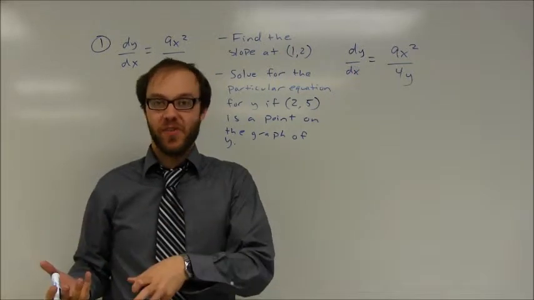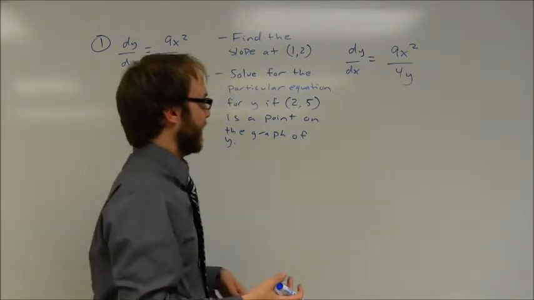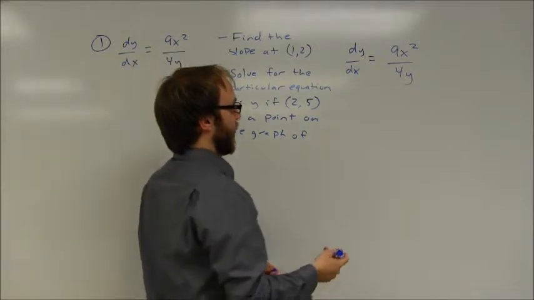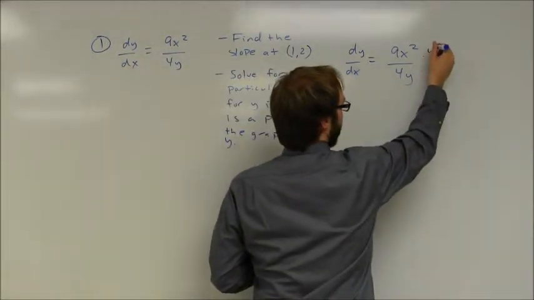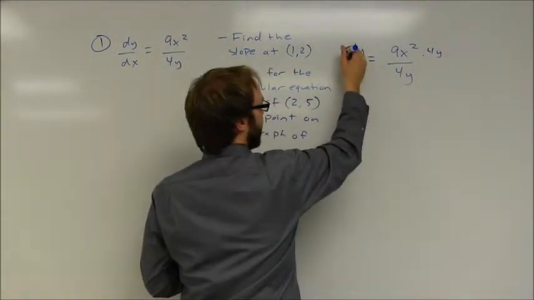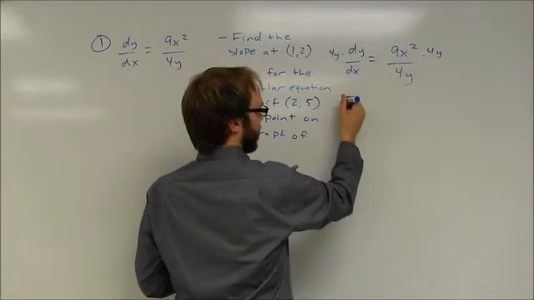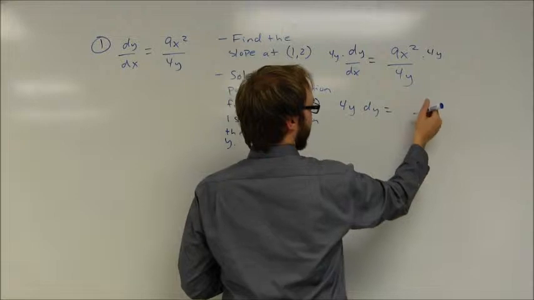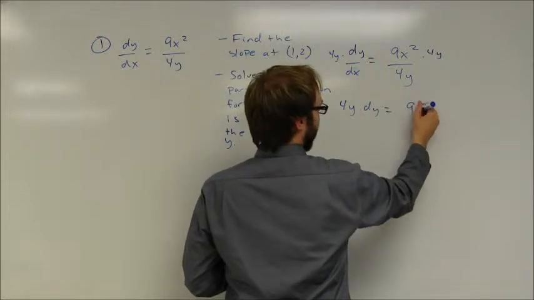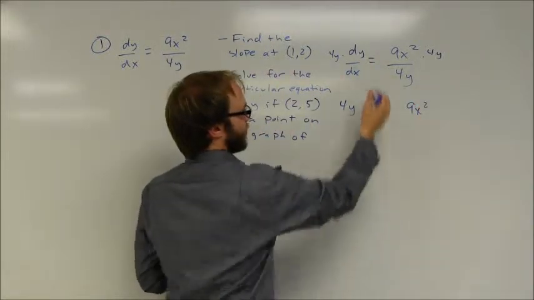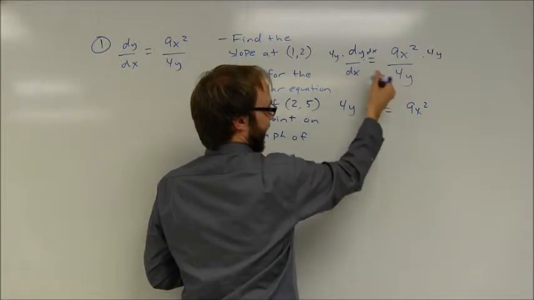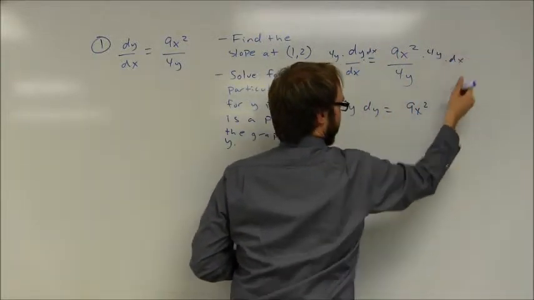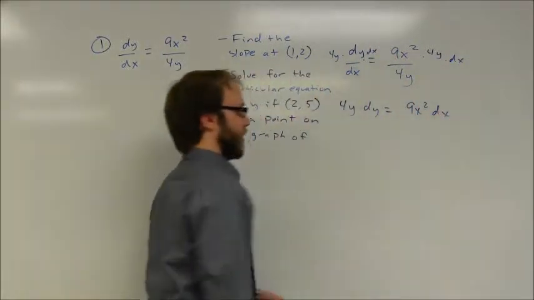I need the x variables on the side of the equation that has the dx. So I'm going to multiply both sides by 4y. Okay, that's going to give me 4y dy equals 9x squared. I'm also going to multiply both sides by dx, which is going to give me 9x squared dx.